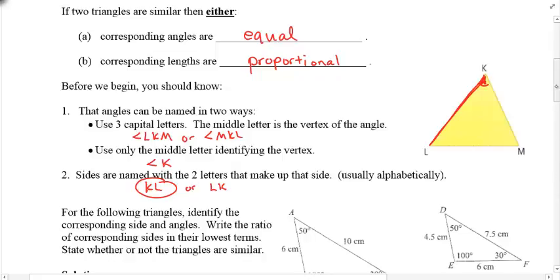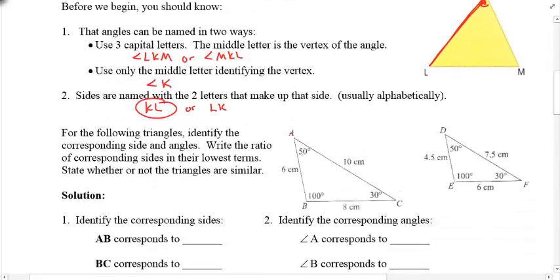So let's look at these 2 triangles. Okay, I've got triangle ABC, and DEF. I'd like you to identify the corresponding side and angle. So which angle in triangle ABC, let's say angle A for instance, matches up with which angle in triangle DEF? Right? And same thing with the sides. Which side in triangle ABC, let's say AB, matches up with the other side in triangle DEF?